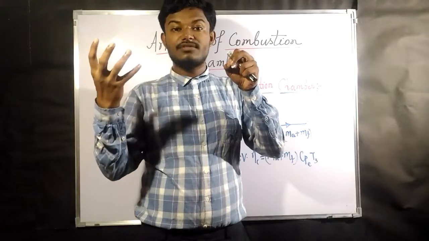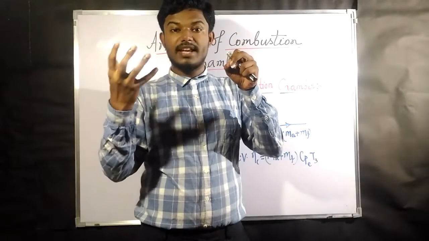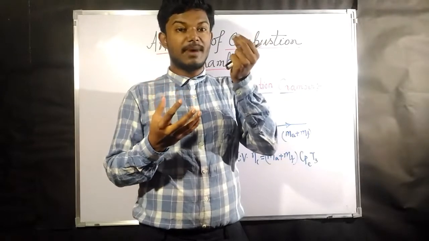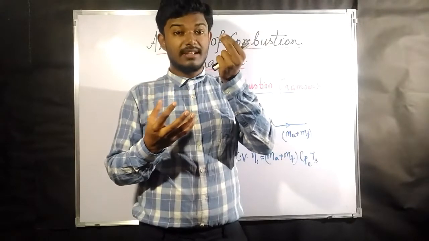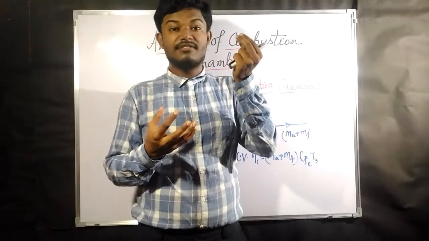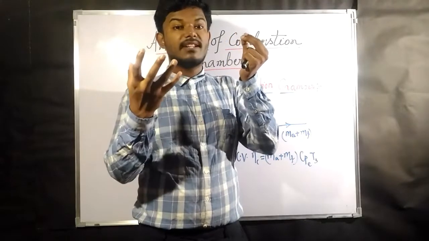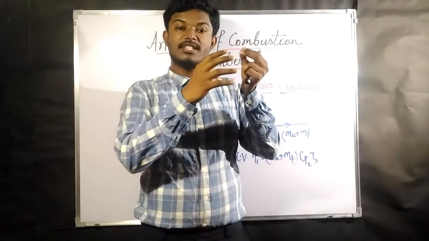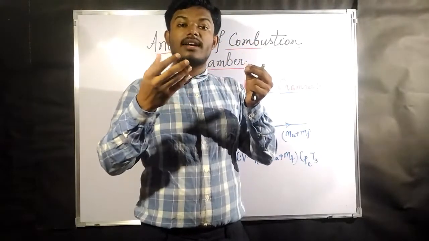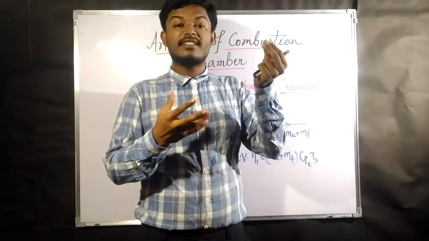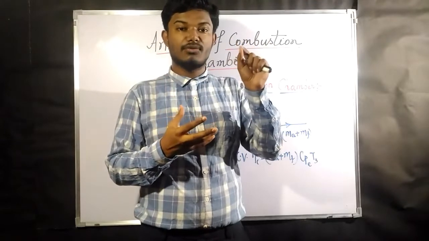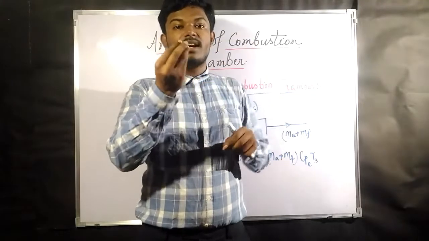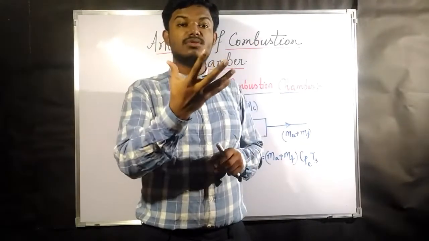The temperature of the air that has been compressed through the compressor and is coming to the combustion chamber is higher than the self ignition temperature of that particular fuel. So at the moment when you are injecting that fuel, the fuel used to ignite itself.